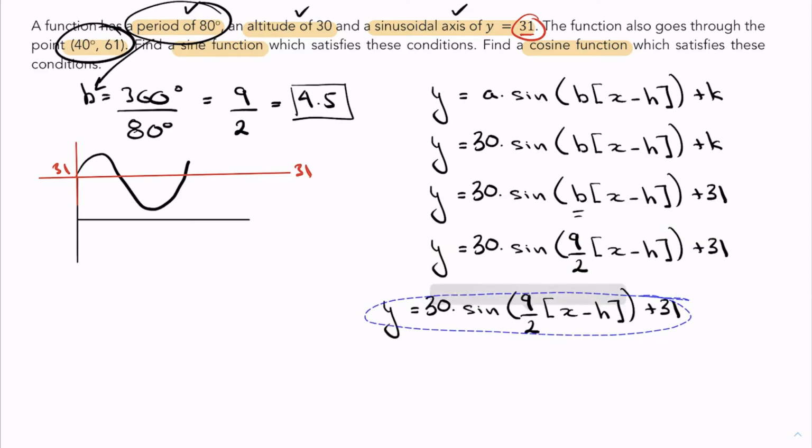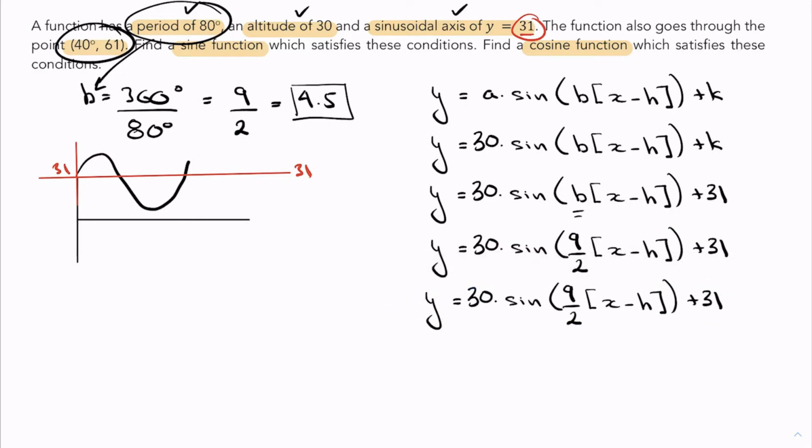And here's what I mean. Let me put this together again. I'm going to take out the y, I'm going to take out the x, and replace them with 61 and 40. And I can just undo everything to find out what my h value is.